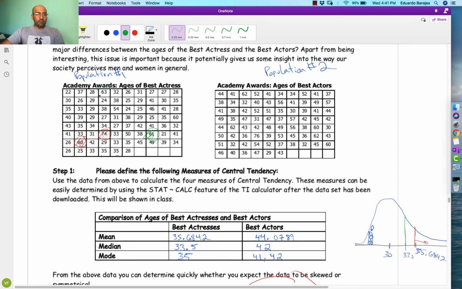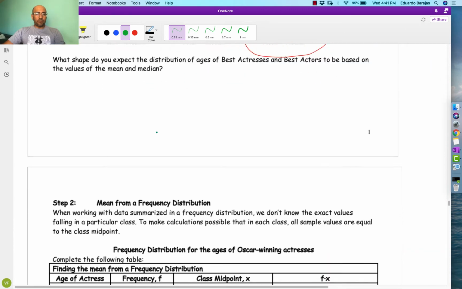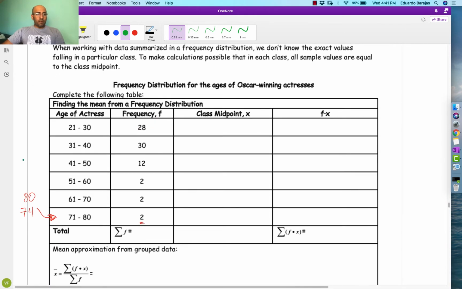Here we go. So there's the 2. One of them was 63. The other one was 61. A 61-year-old and a 63-year-old. Those 2 ladies are the ones that qualify under this, and that's why there's 2 values there.